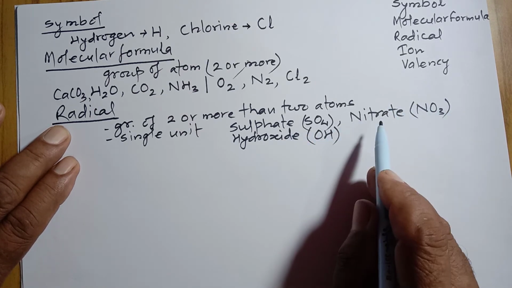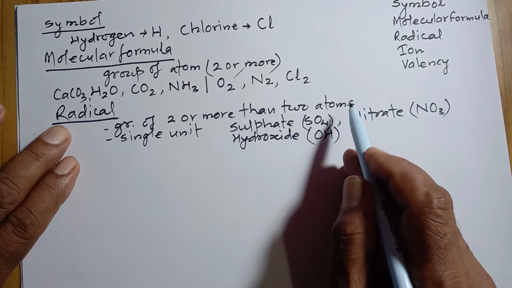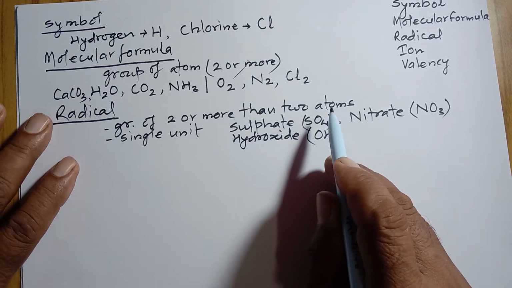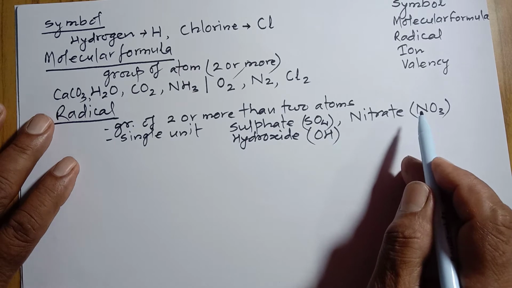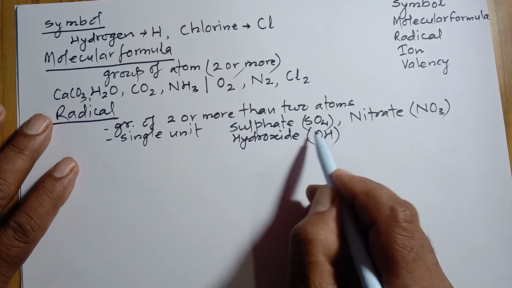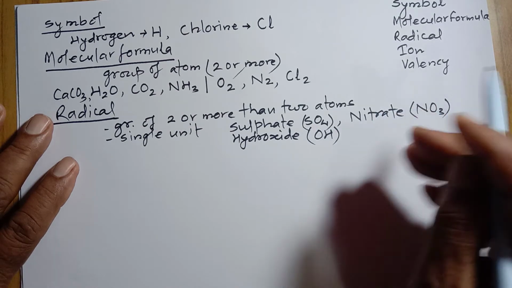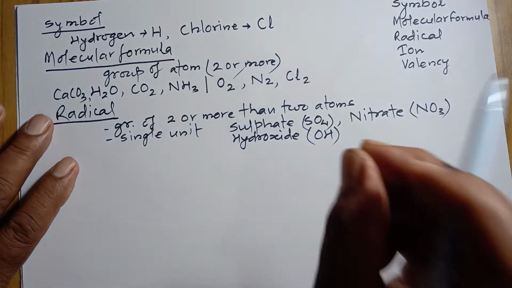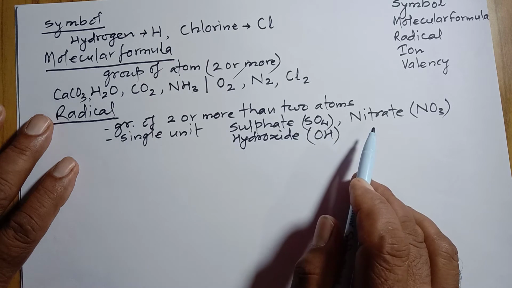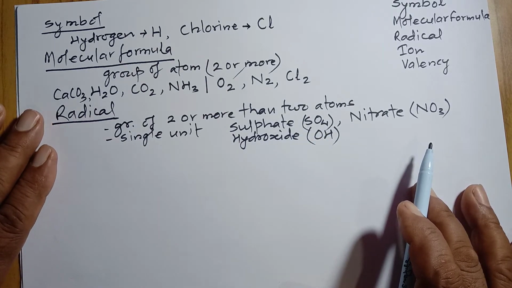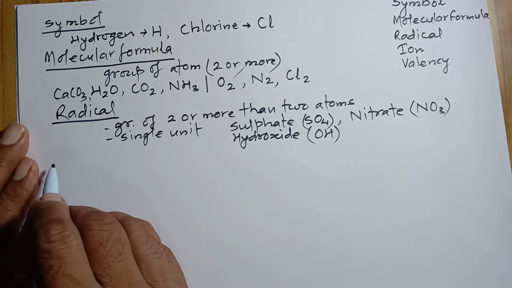All the compounds have free existence, but radicals do not have free existence. That's why they are not compounds. They behave as a single unit in the chemical reaction. Whenever a chemical reaction occurs, they act as a single unit like an element, and that's why this is the definition of radical. Now another one, ion. What is ion?